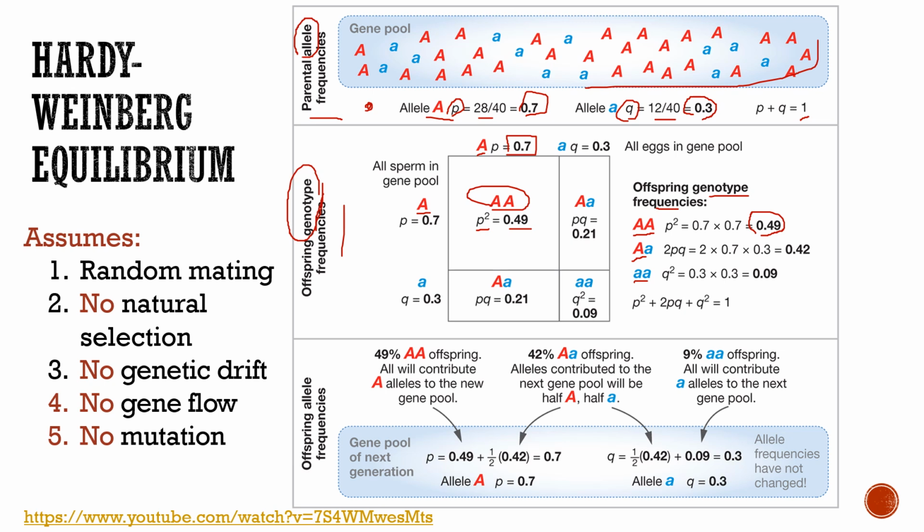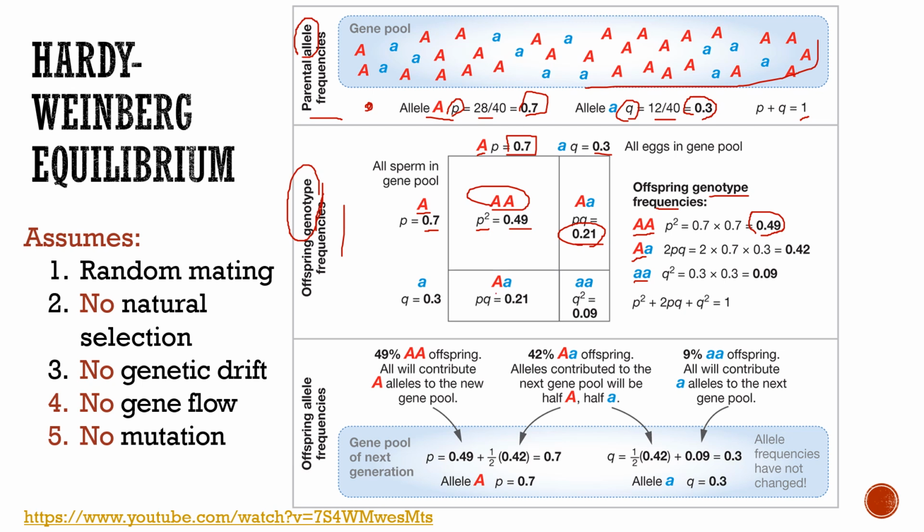Now the heterozygous, we have one here, 0.21. We get that by multiplying 0.7 times 0.3 to give us 0.21. That's P times Q. So the dominant allele times the recessive allele gives us our heterozygous.